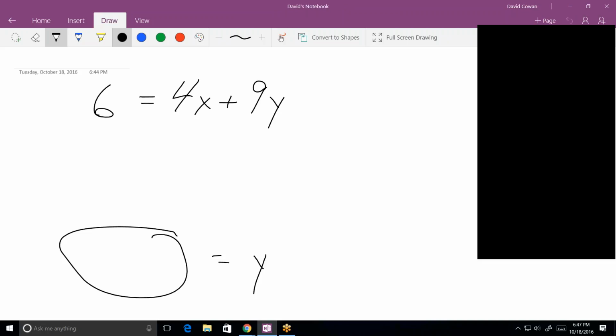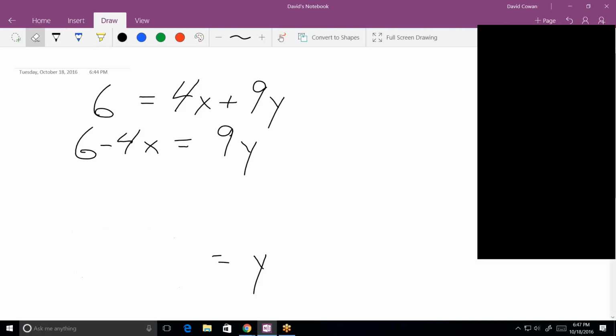Subtract the 4x from both sides? Yes. 6 minus 4x. That leaves me with 9y now. Now I'm getting closer. Now what? How do I get rid of that 9? What is that 9 currently doing?